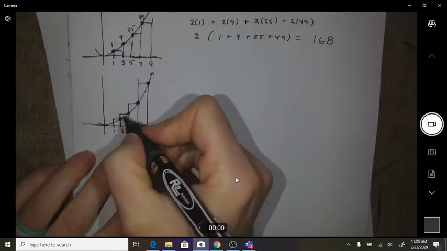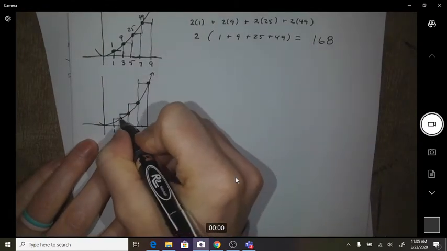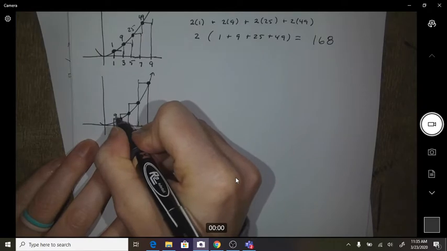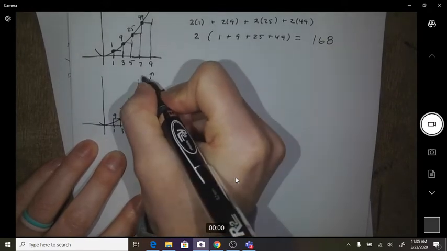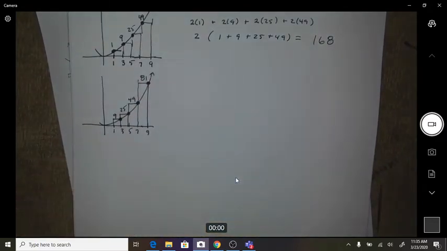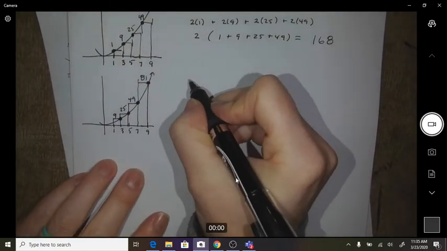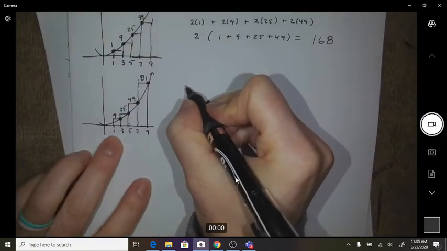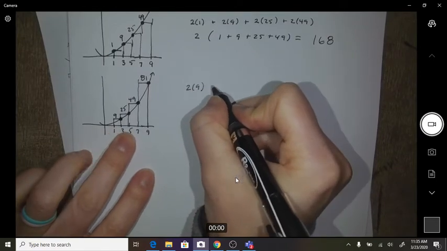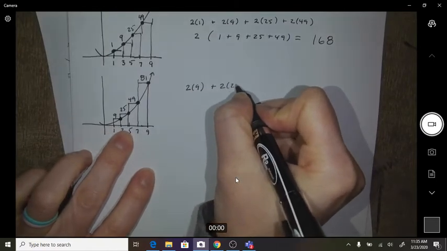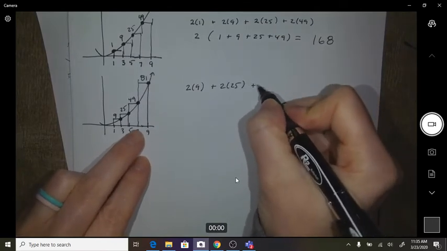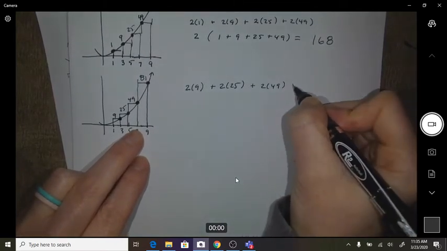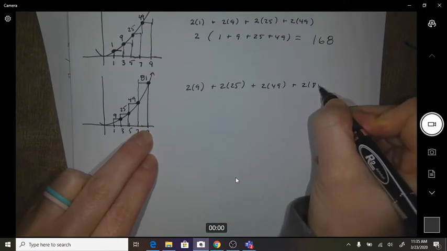Okay, so now let's get the heights of these rectangles. The height of this rectangle is 9, 25, 49, and now this one is 81. Okay, so I'm going to do the long way. This is a 2 by 9, this one's a 2 by 25, the third rectangle is a 2 by 49, and the last rectangle is a 2 by 81.